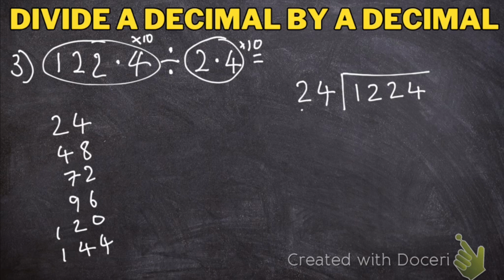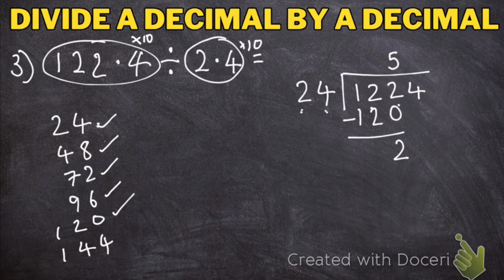So how many 24s in 12? I can't do that. So how many 24s in 122? There is 1, 2, 3, 4, 5. And I'm going to take away 120. That'll give me 2 left over.